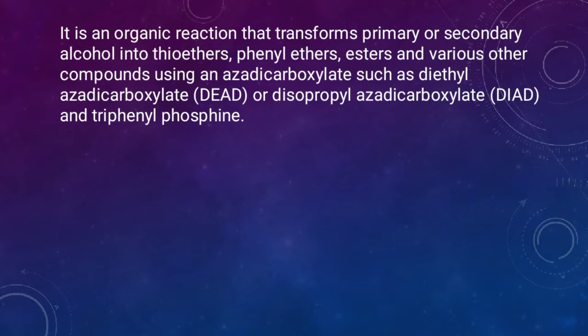So what happens in this reaction? Primary or secondary alcohol is converted into different products. In this reaction, any carboxylic acid is taken as a nucleophile which attacks the activated alcohol, and activation of the alcohol is done with the help of these two reagents, either diethyl azodicarboxylate or diisopropyl azodicarboxylate, and triphenylphosphine.